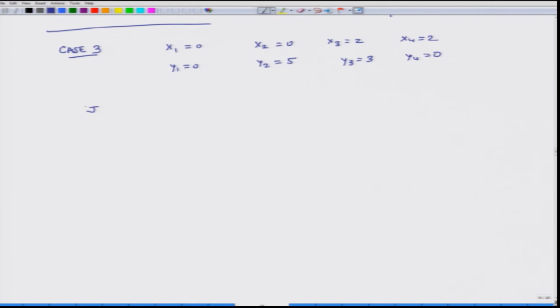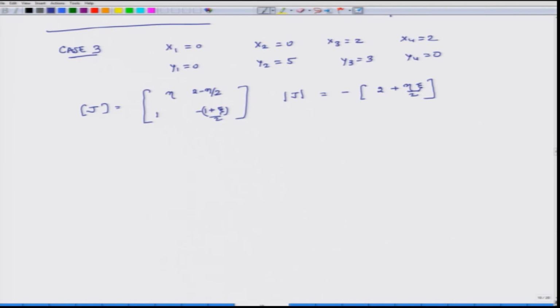So, the Jacobian is eta by 2 minus eta by 2, 1 minus 1 plus zeta by 2. So, its determinant is minus 2 plus eta zeta by 2.